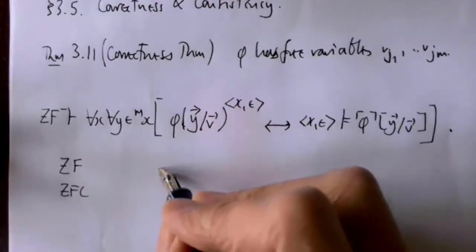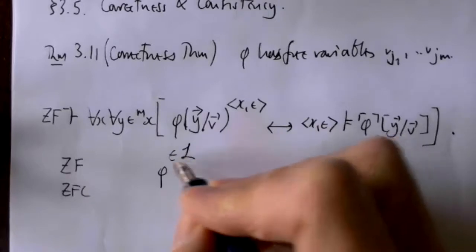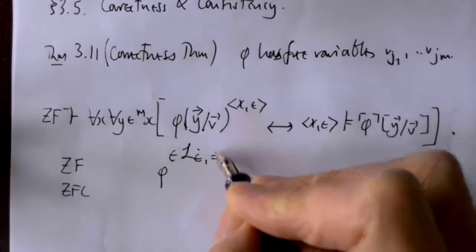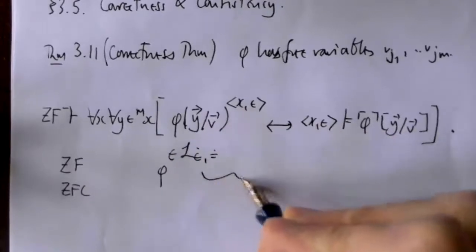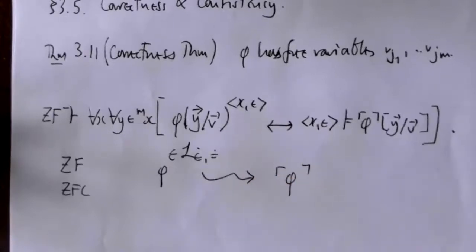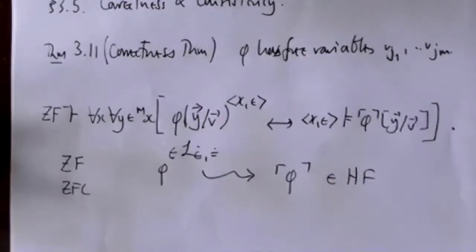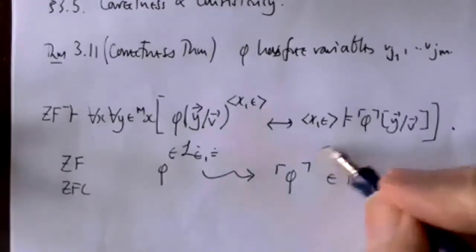But we've already seen that for a formula in this language, with epsilon and equals, we can define a code for phi, which is a hereditary finite set. This is the Gödel code of phi.